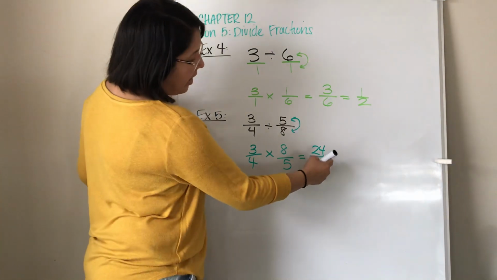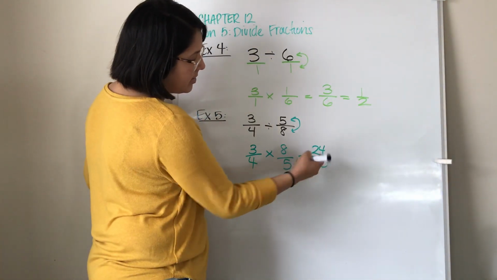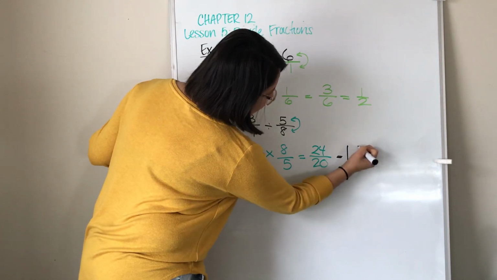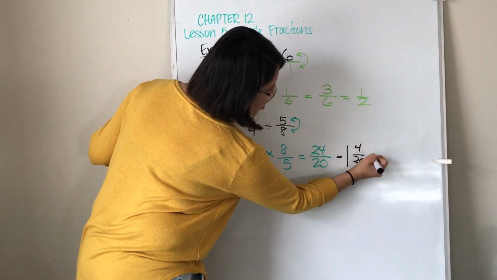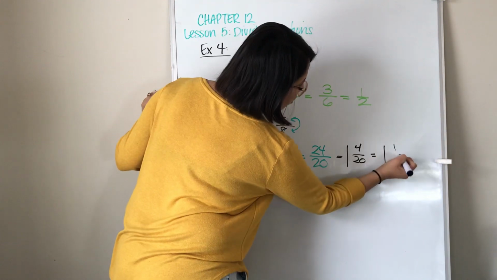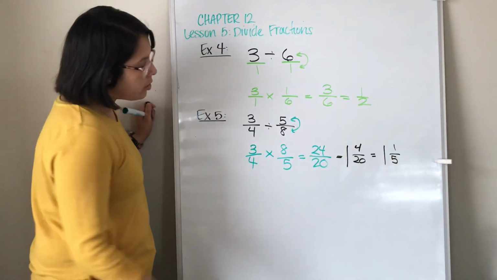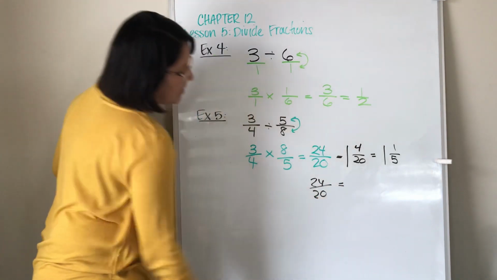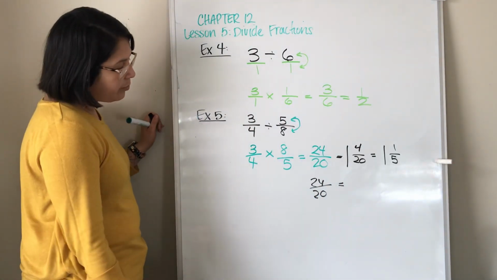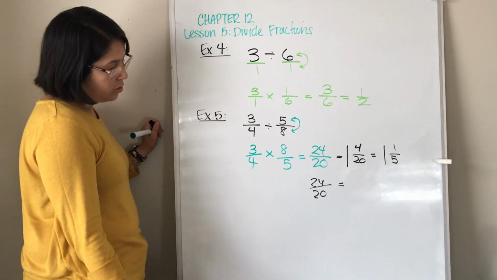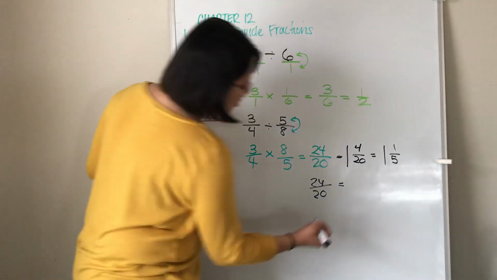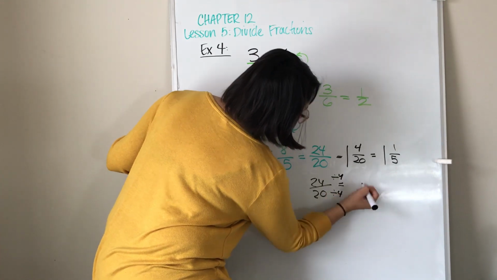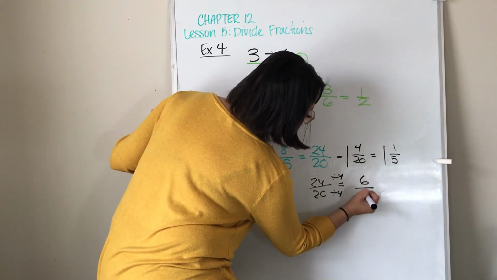I can see that here I need to divide, so I know that I'm going to get 1 4/20, which is equal to 1 1/5. Or I can see this 24/20 and say, well, I can divide both by 4, and I'm going to get 6/5.